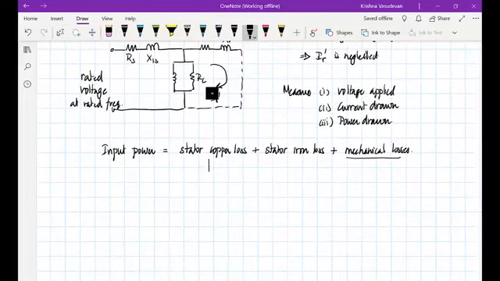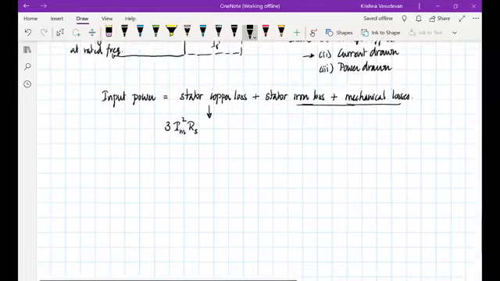As far as this portion is concerned, you know the value of stator resistance RS, and if you know how much current is drawn, then this loss is nothing but I no load square into RS, the stator copper loss per phase. So this multiplied by 3 is the overall loss that is going to occur in that. Now this leaves us with stator iron loss and mechanical loss. We need to separate out mechanical loss from this, and that can be done in this manner.